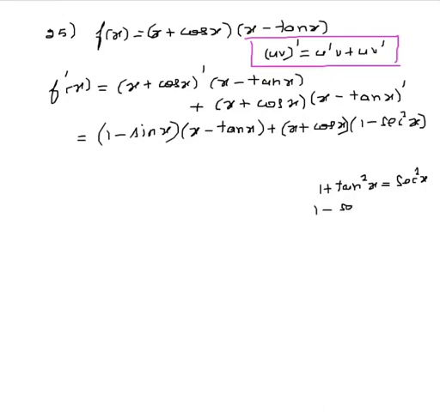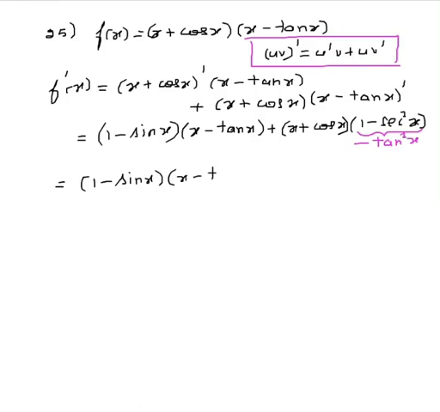Therefore 1 minus secant square x becomes minus tan square x. So this becomes 1 minus sin x times x minus tan x. The second term has a negative sign, so minus tan square x times x plus cos x.